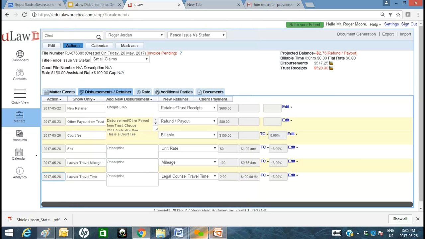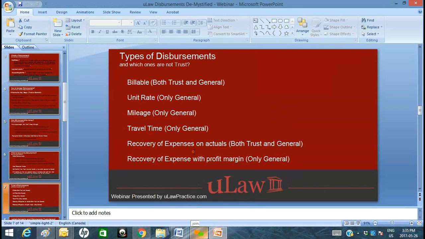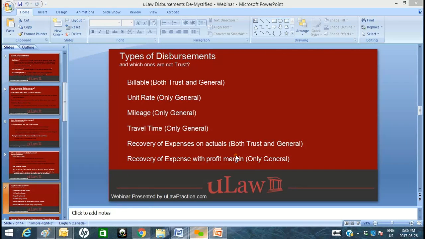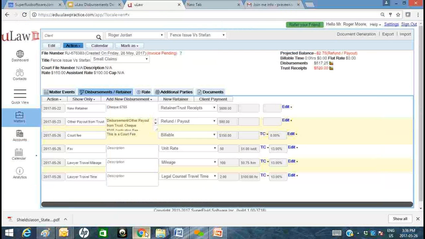And the final, or a couple of things that we want to talk about, we spoke about expense on profit margin or expense with a loss margin, right? We spoke about those two examples of disbursements, one for divorce mate and another example where your outsourced legal service charged you more than what you dispersed your client for.